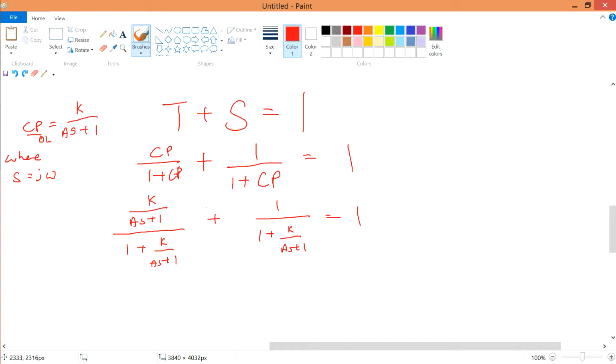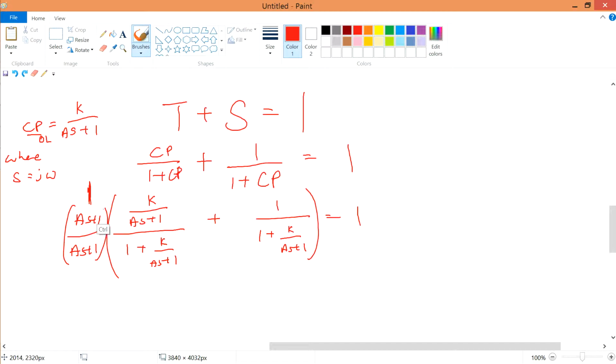Now I'm going to rearrange because it's very messy. So I'm going to multiply AS plus 1 into this whole equation over here. This thing is in fact just 1, so I'm simply multiplying 1 into this equation.